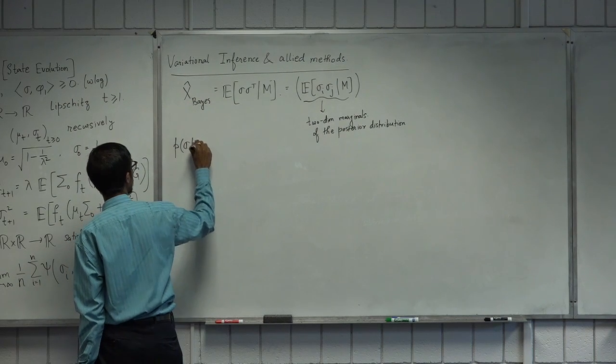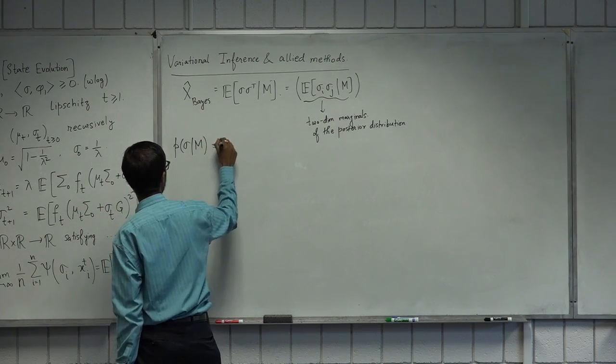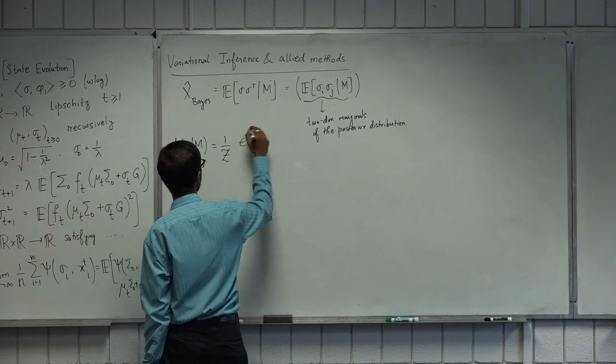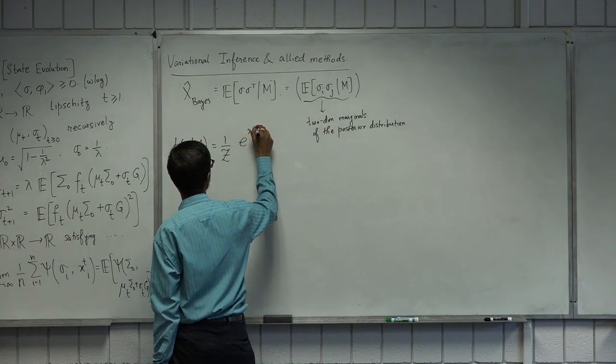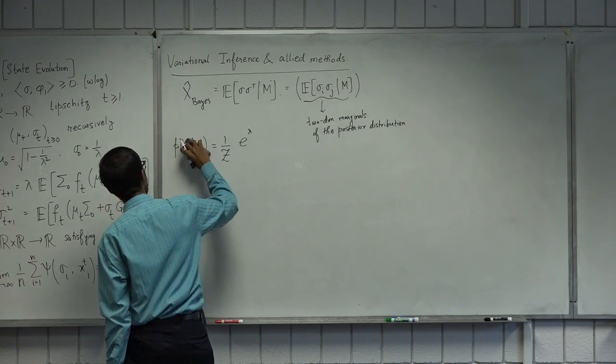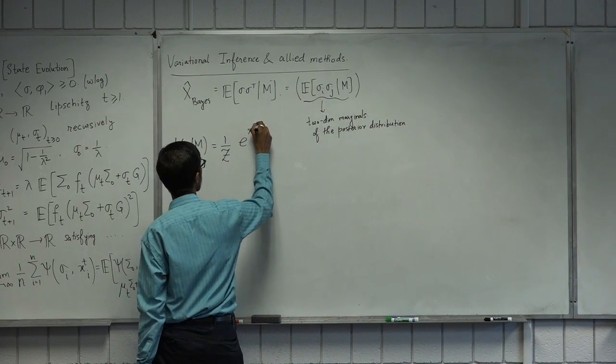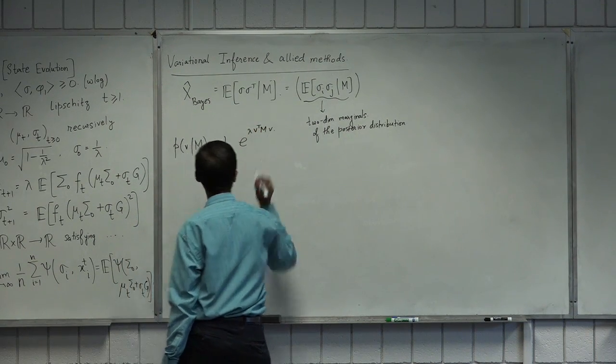One can just check by Bayes' rule that this is basically some normalizing constant times e to the lambda, let me use V here, V transpose MV. Right.